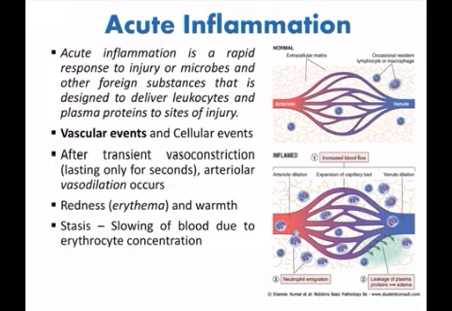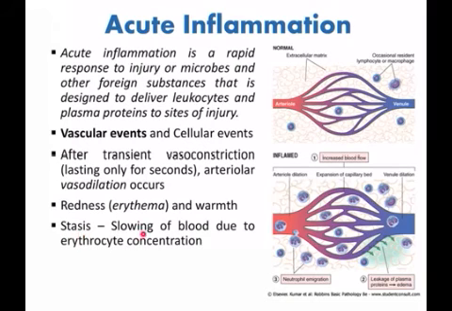So it is characterized by transient vasoconstriction, which lasts for only a few seconds, and then arteriolar vasodilation, which occurs for a much longer period of time. So during this vasodilatory period, exudation is going to occur. Then there would be redness and erythema at the site of inflammation, and it also produces warmth due to release of certain prostaglandins. And then another response of acute inflammation is stasis.